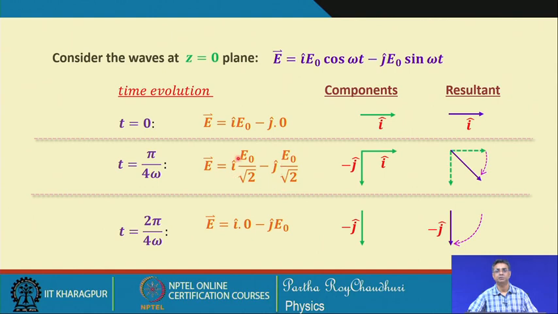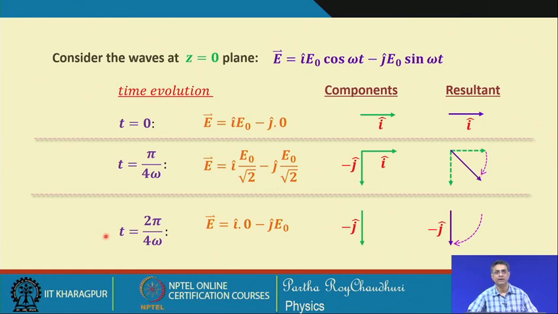As a result, both the amplitudes along x and y now exist with a factor of 1 by root 2, but j is in the negative direction and i is along the positive direction. So the resultant vector will be along this, that is what is here. You can see that initially the field was along this direction, now the resultant field has rotated through an angle of 45 degrees and it is now along this direction.